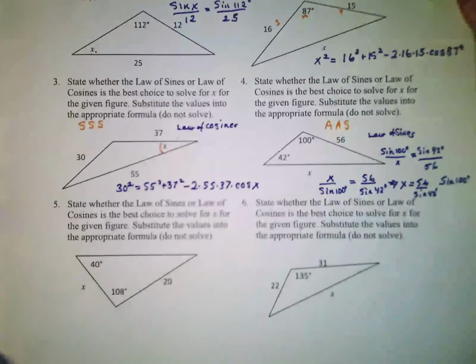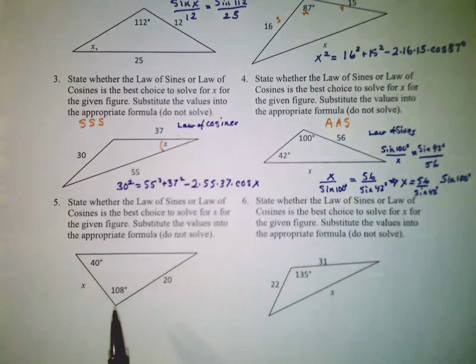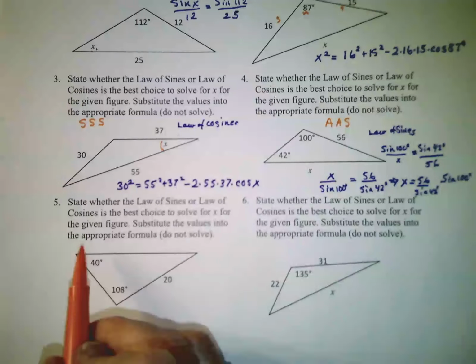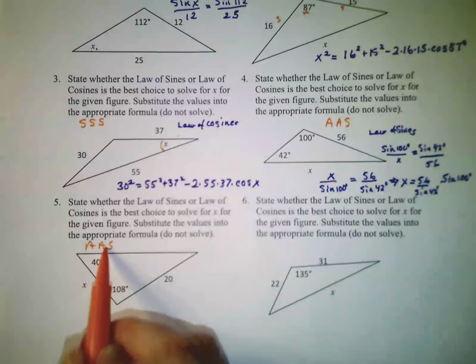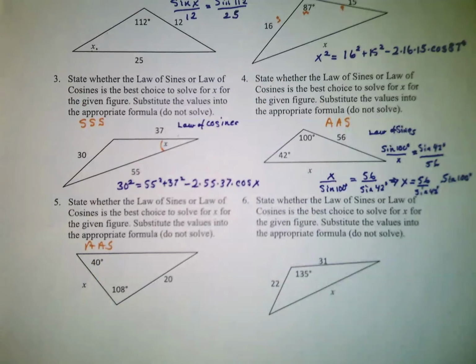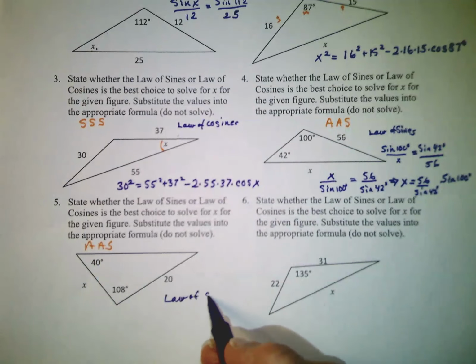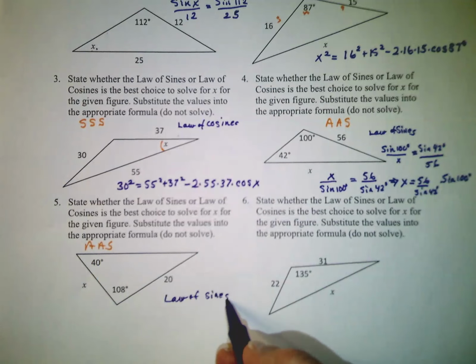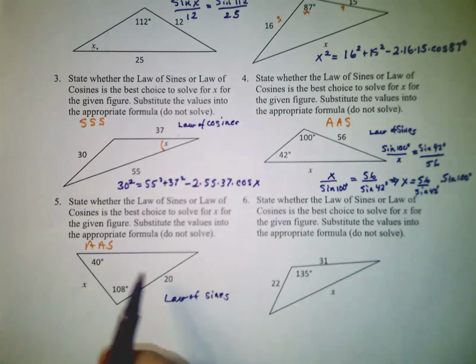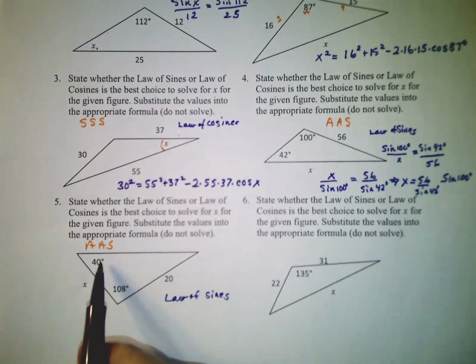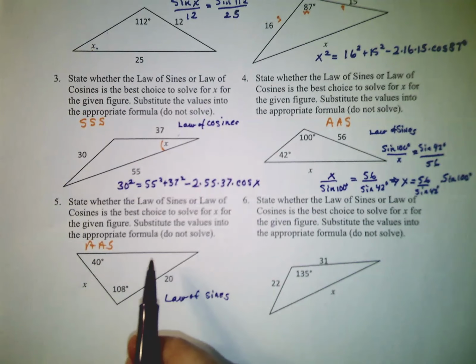Number 5. They gave us 2 angles and a side, so it's angle, angle, side. We're going to be using the law of sines then. And we have that 20 is opposite to angle 40 degrees. They want us to find this side, but we do not have its opposite angle.